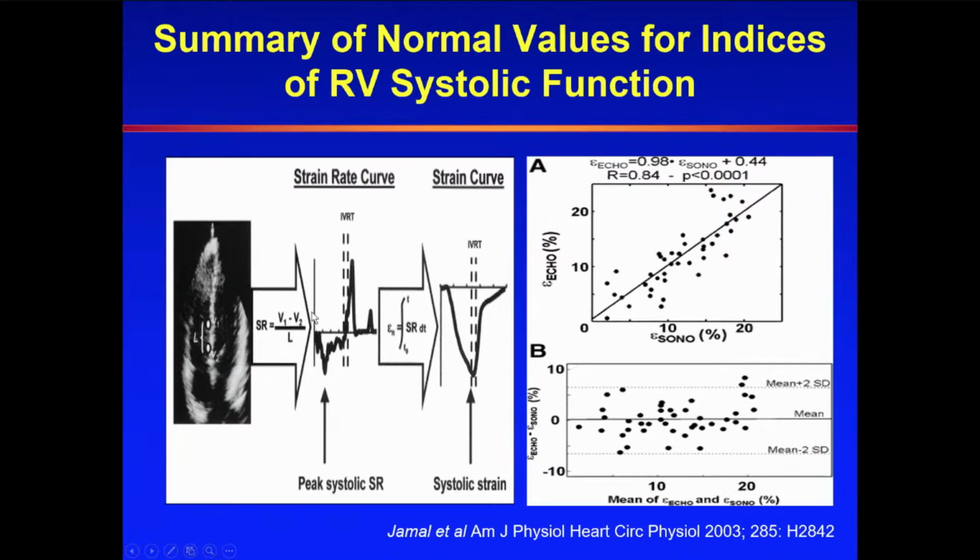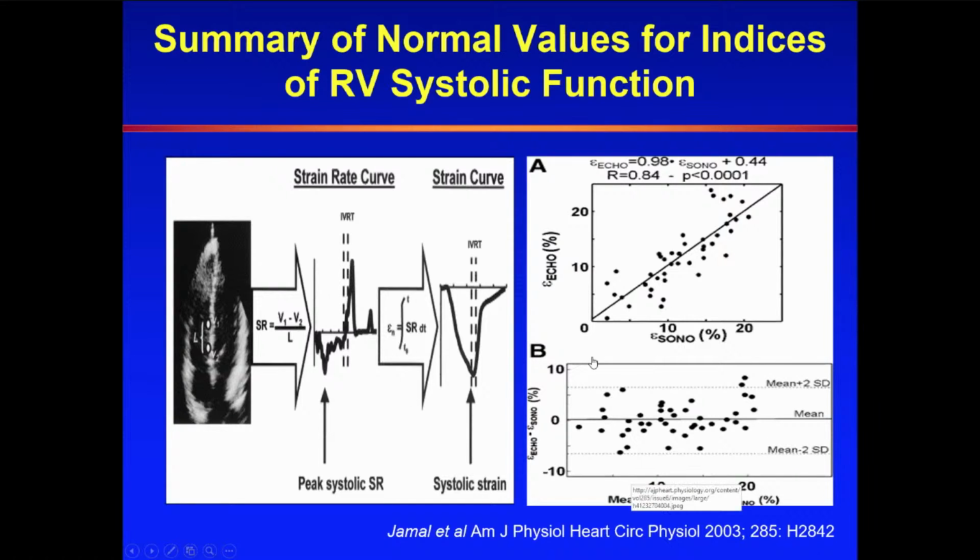Notice that the rate of strain is strain rate. Strain rate is a better index of contractility as opposed to strain, but as you notice in the signal, it is more noisy. And so it is not usually utilized and is not recommended. The recommendation is strain.